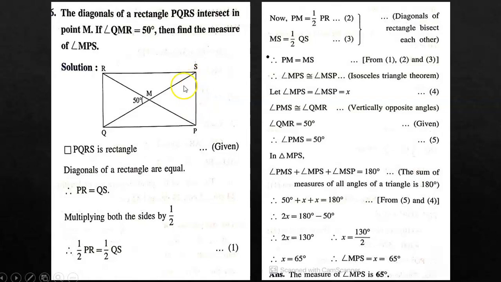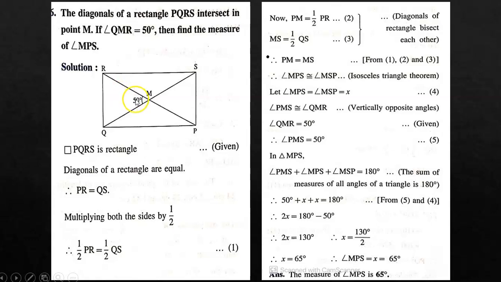They are congruent because if these sides are equal, then this triangle becomes an isosceles triangle. I'm going to name these angles as X. Let angle MPS is equal to angle MSP is equal to X. I'm going to name this as statement number 4.